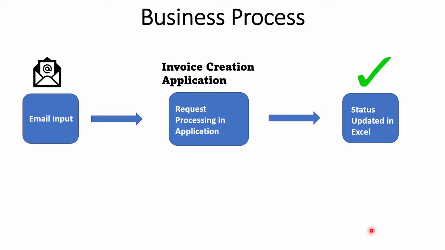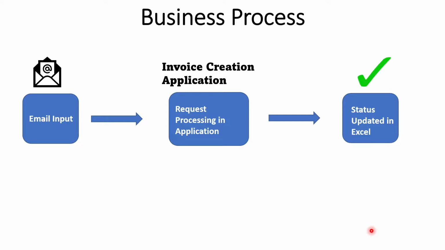Let us try to understand the concept of processes and objects using an example, a business process. Let's assume there is a business process of invoice generation, and in that I have a sequence of business blocks.